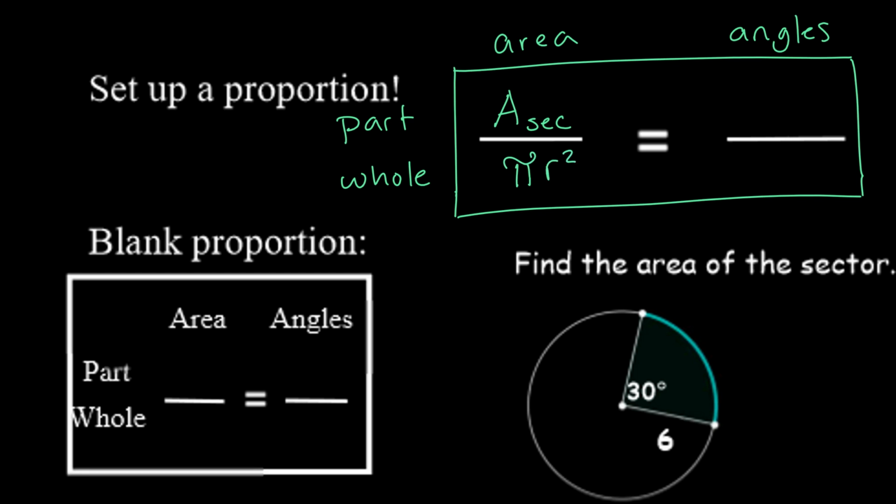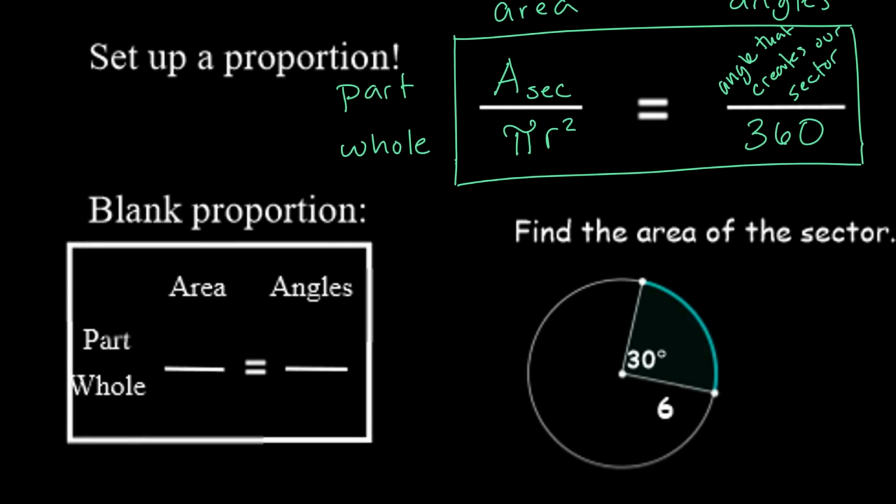And angles is the angle that creates our sector. And our whole angle is what? 360. So what was the only thing that changed, really? It's area. It's area instead of circumference. That's the only thing that changed.